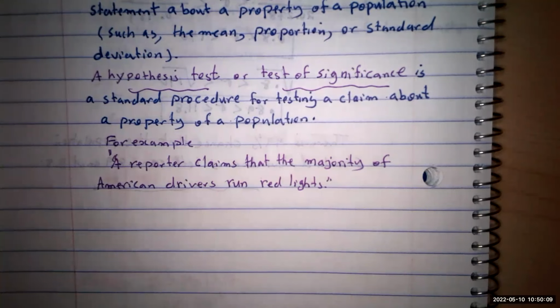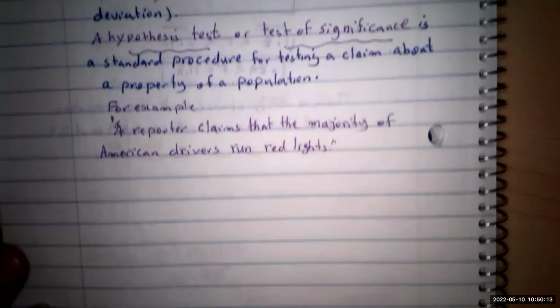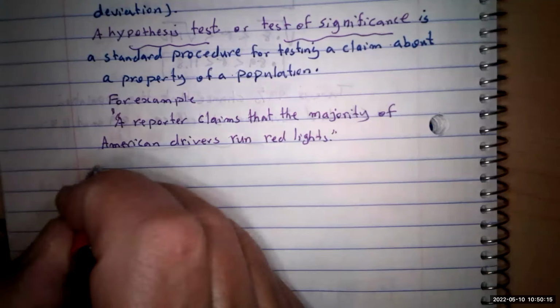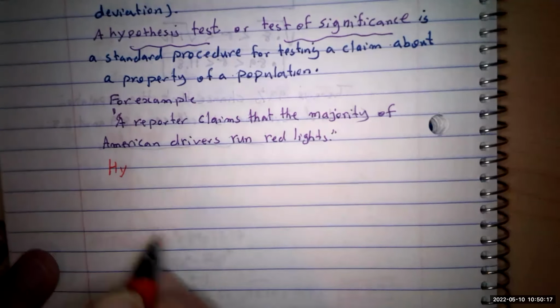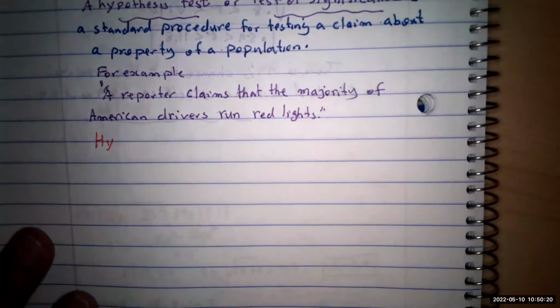Now, how are we going to do it? In order to do it, we are going to set up the following. This is going to be the procedure. We're going to do it for the mean, and then we can copy it for anything else you like.